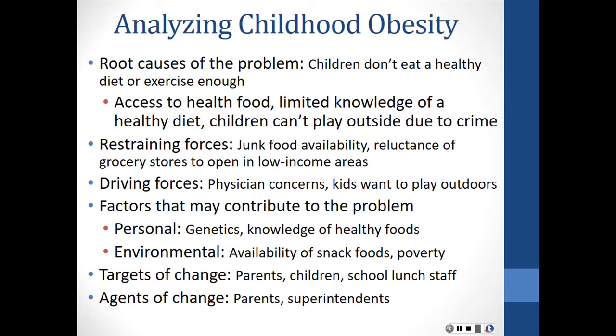But there's a lot of environmental factors that need to be kept in mind as well. So again, looking at the availability of snack foods, where the supermarkets are. Poverty is a huge issue that contributes to childhood obesity. Parents working a lot. So if parents are in poverty, they might be working 3 jobs. They don't have time to prepare this super healthy meal for their kids. It takes time and it's expensive to buy healthy food.